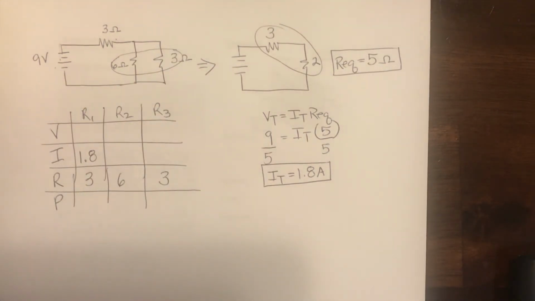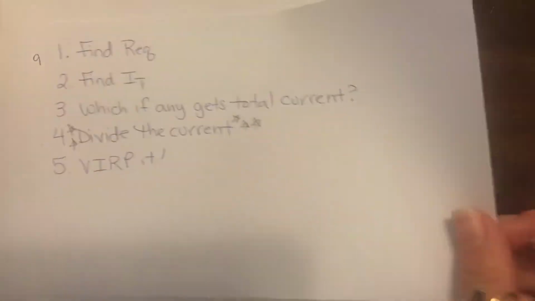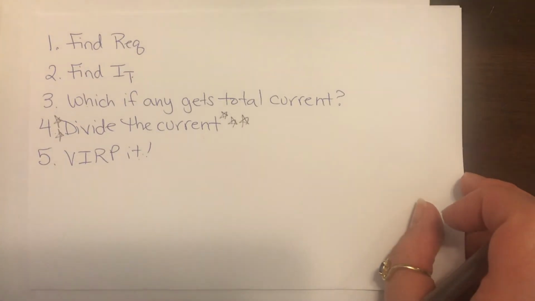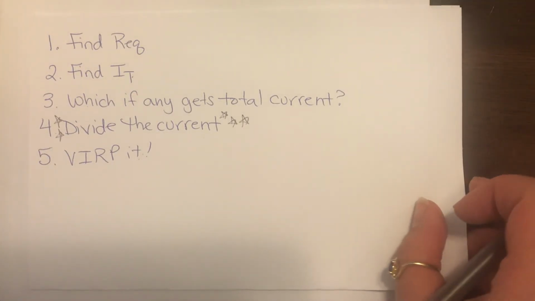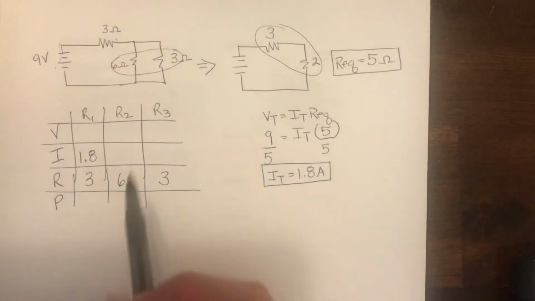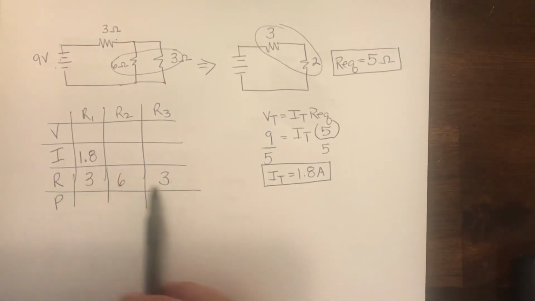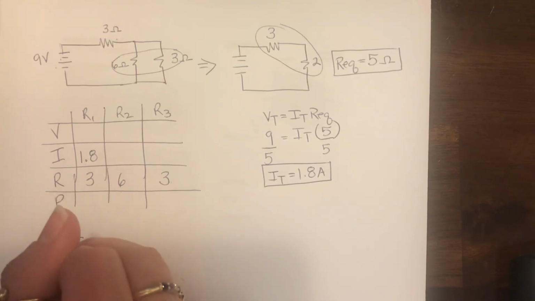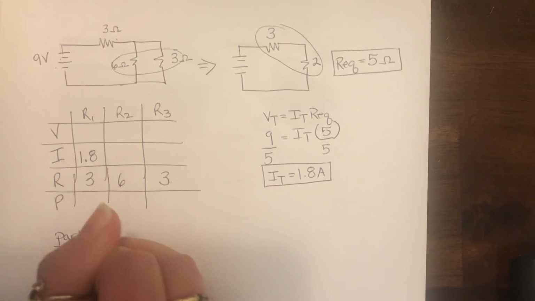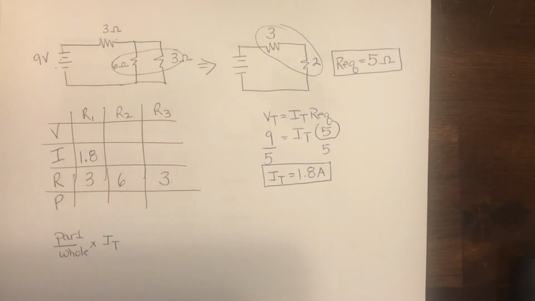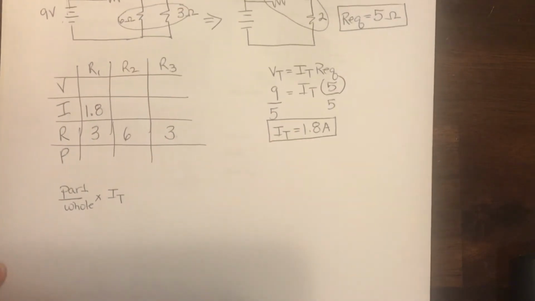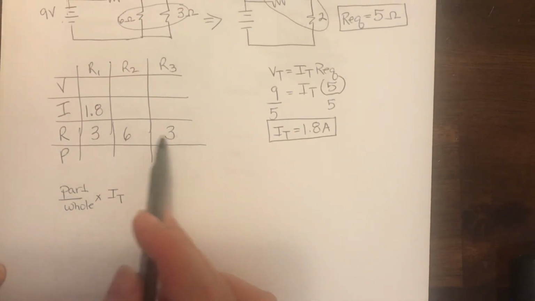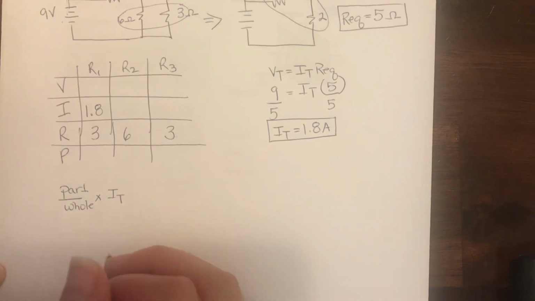Okay? Now, once we do that, everybody's favorite step, dividing the current. So here we go. Let's divide. These are the ones that we have left. So again, remember, we're doing part over whole times IT. So what is the whole in this case? The whole is 9, right?